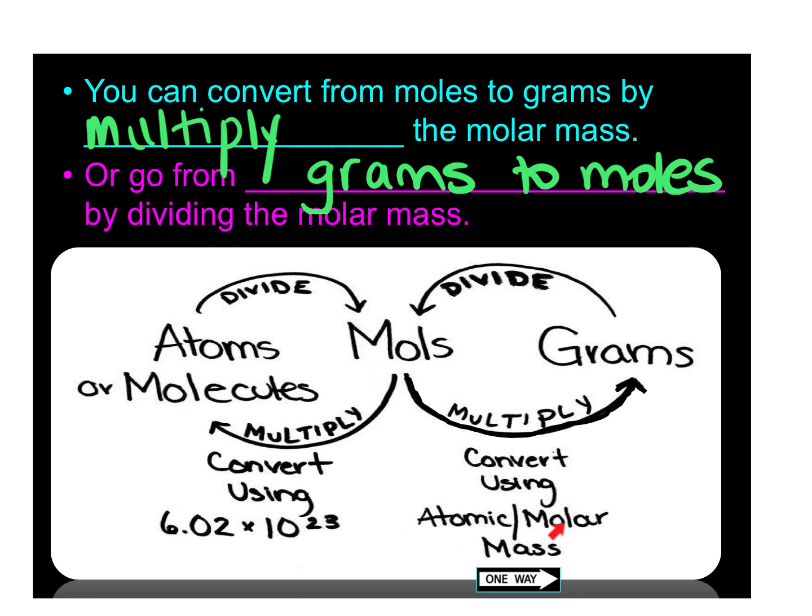Now that we know molar mass, we can go from moles to grams or grams to moles. And since we know both of these, we can actually go from grams all the way over to atoms, or we could start here at atoms and calculate all the way over to our grams.